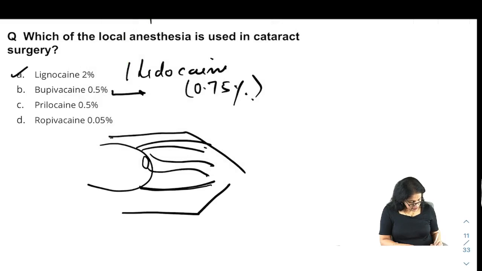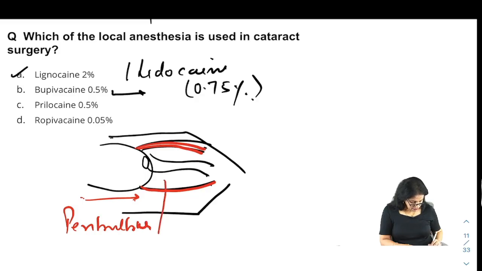If this is the muscle cone, and the injection is given outside it, this is peribulbar. And if you're giving it inside, it is retrobulbar.